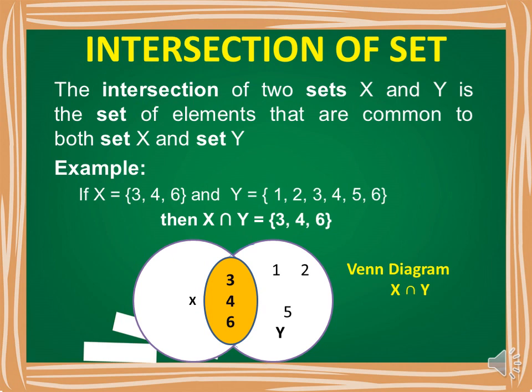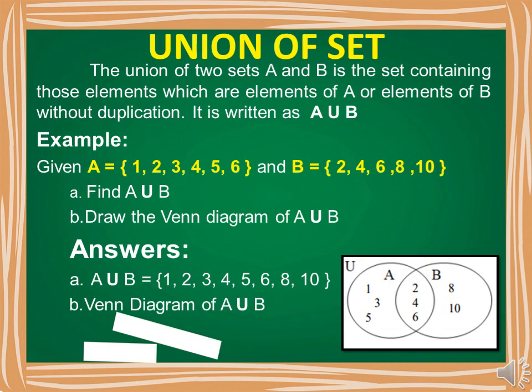Please take note, class, that when you want to determine the elements for the intersection of sets, you only consider the elements which are common to both. Okay, we're done with the intersection of sets.